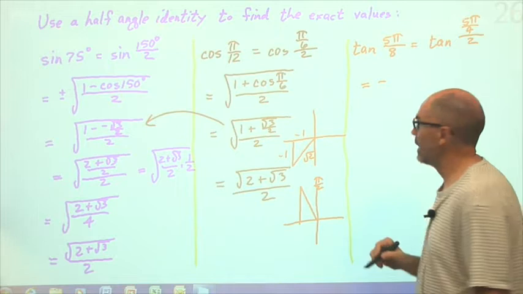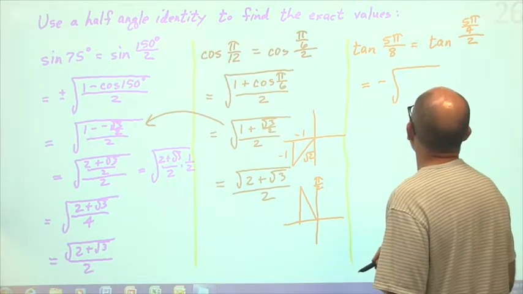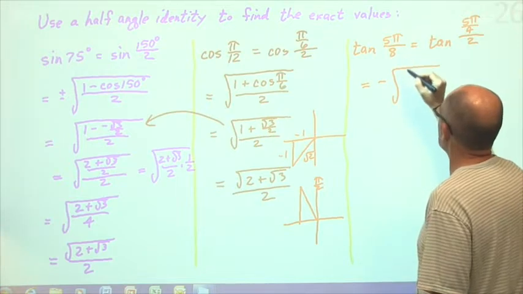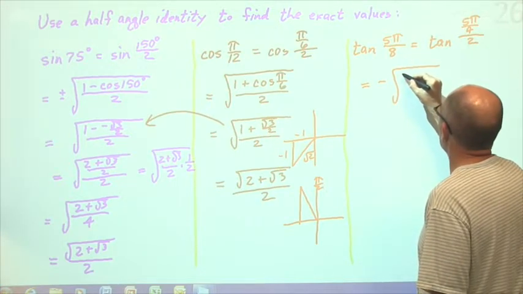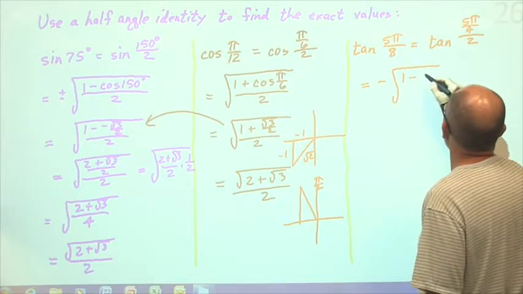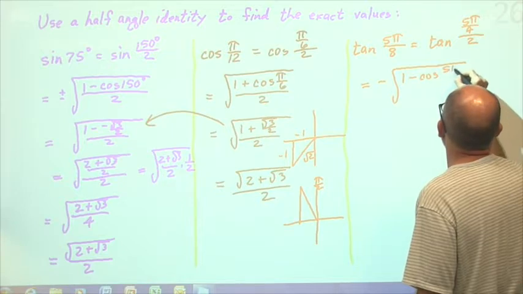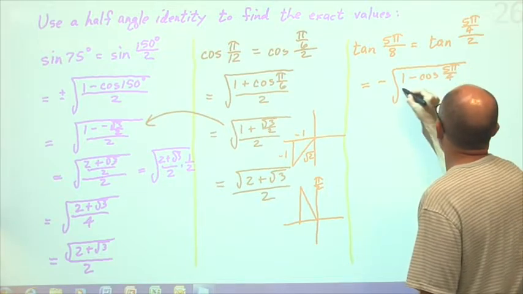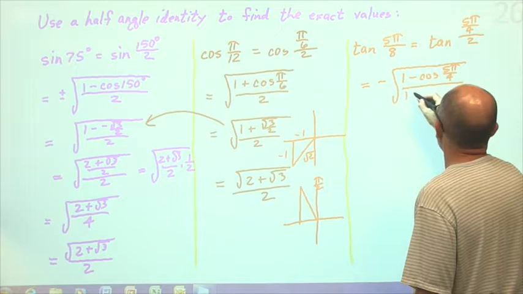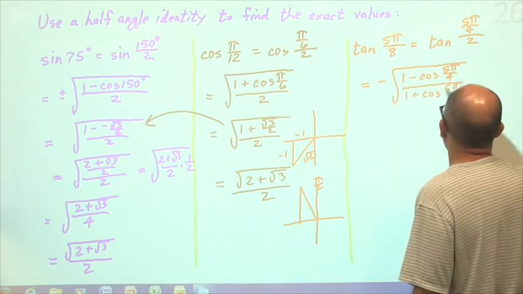So watch out for that because you don't want to get caught with the wrong sign. Now, tangent is sine over cosine. So sine is the away team, so it's 1 minus cosine of the angle over 1 plus cosine of the angle.